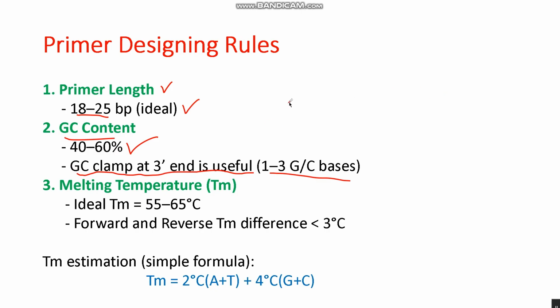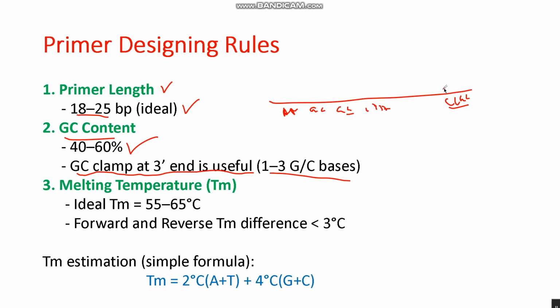Our primer has different nucleotides. Okay, A, T, A, like that. Okay, at the end there must be this type of nucleotides at the end of the primer. Why?